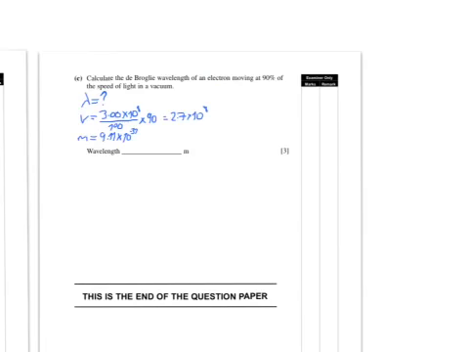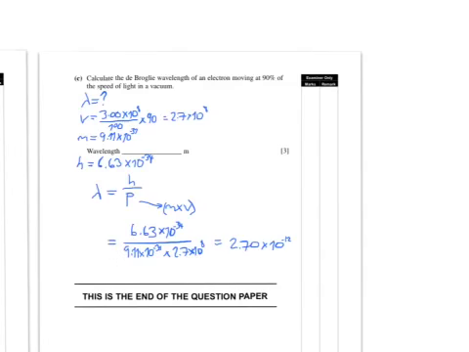We also have the value for Planck's constant, 6.63 times 10 to the minus 34, and then the relationship that brings that all together, where the wavelength equals Planck's constant divided by the momentum. The momentum is the mass times velocity. So Planck's constant divided by the mass times the velocity is equal to 2.70 times 10 to the minus 12. So that's what the wavelength is going to be in meters.